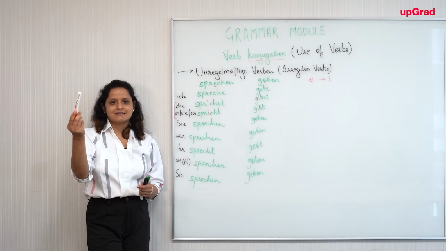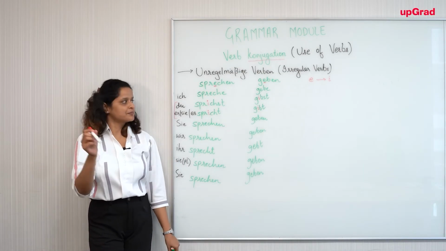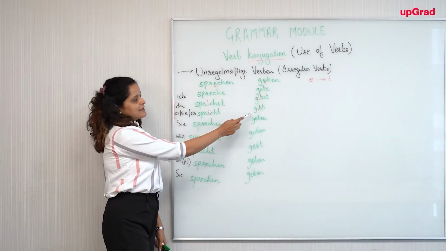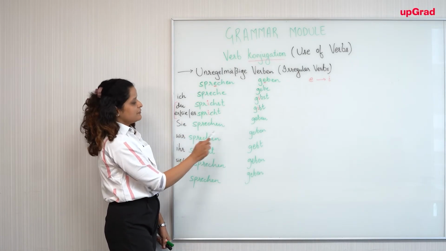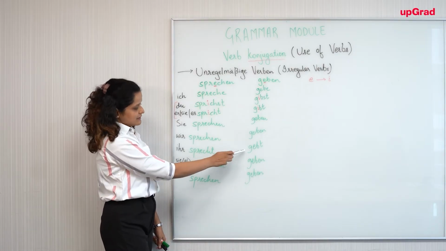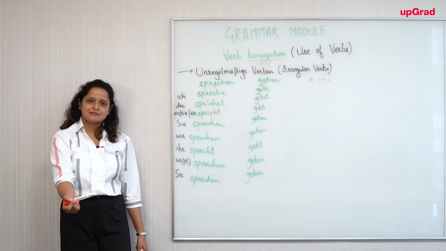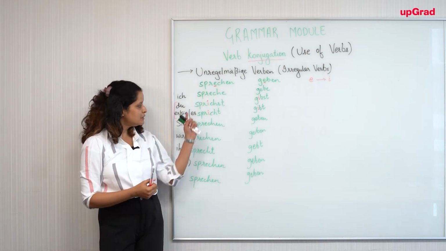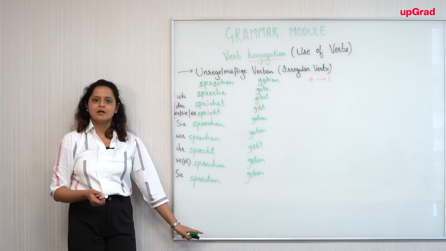If somebody else, that is the second person, does that, it is du gibst. Third person will become gibt. So Sie geben, wir geben, ihr gebt, sie geben. So the action remains the same. Depending on who is doing that, your verb conjugation will change. Okay?